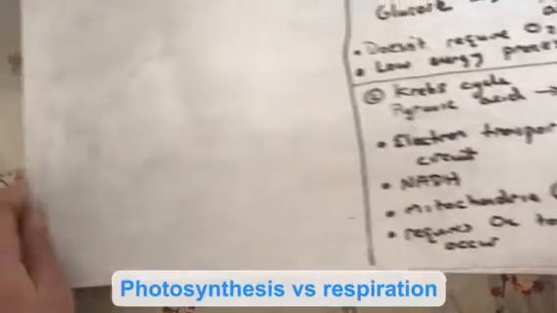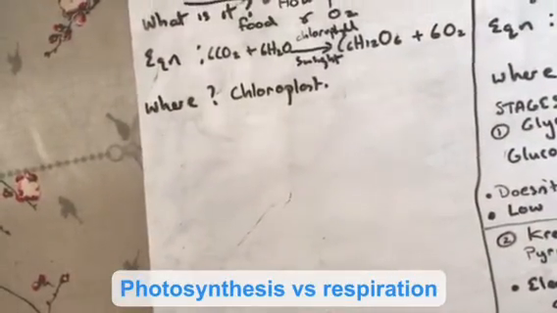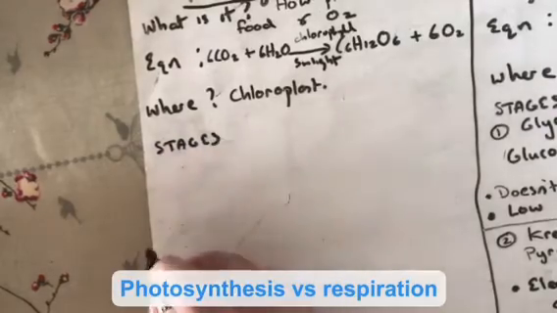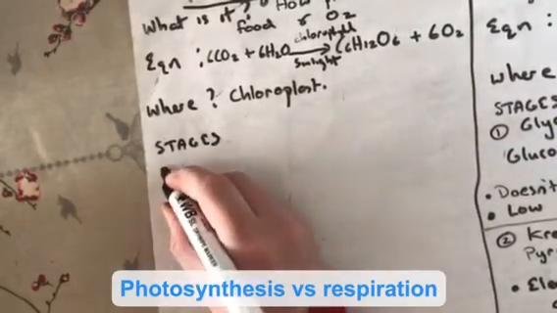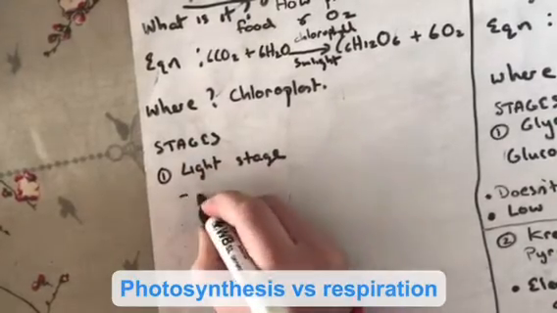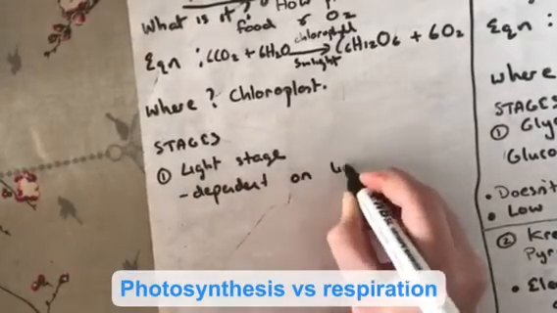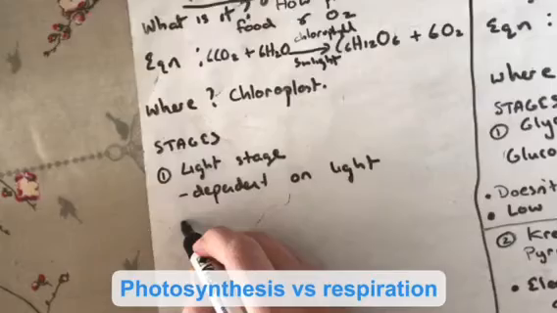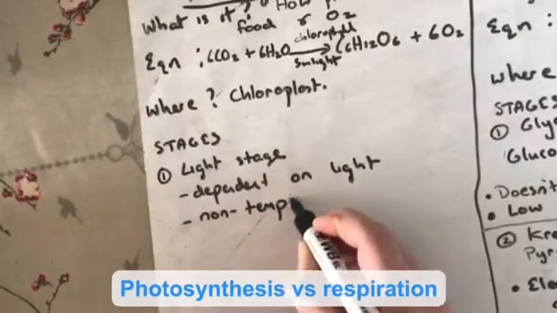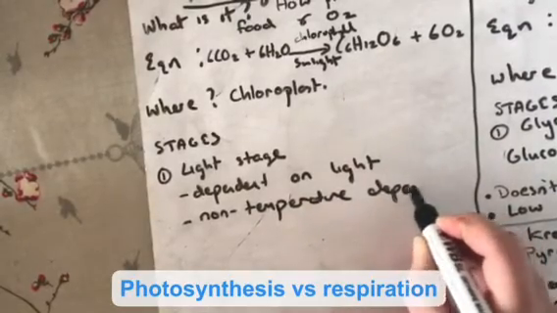Now let's move over then to our photosynthesis side. Stages. So you've got 1, the light stage, dependent on light, and non-temperature dependent.